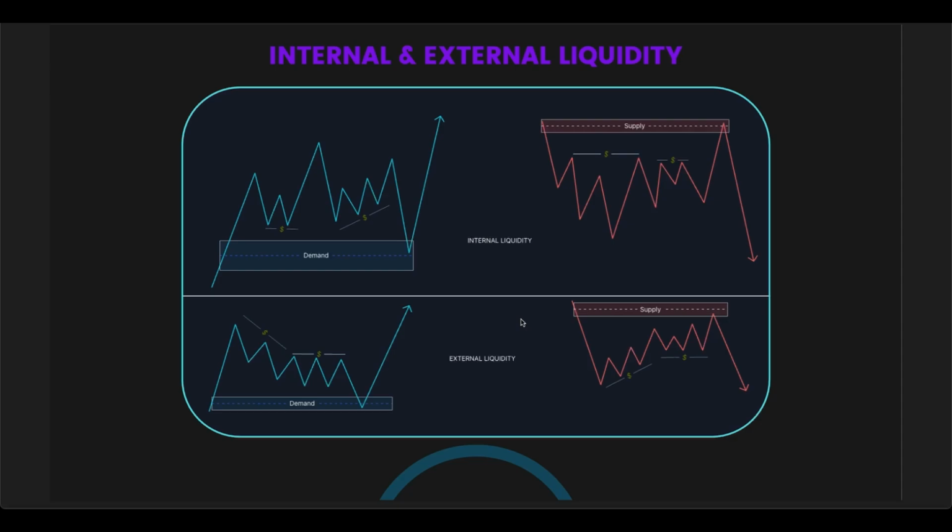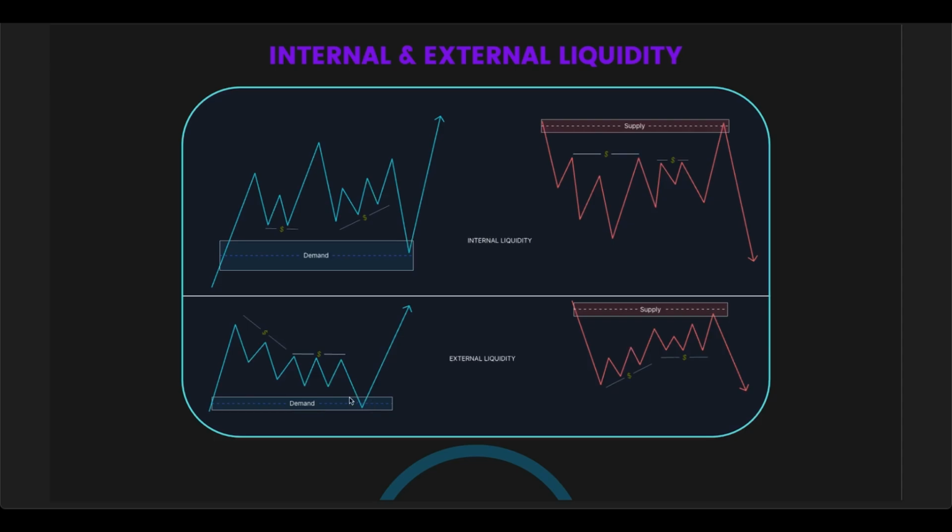So for internal liquidity, it's essentially price being created inside a range or a trend range, and then finally gets taken out once price touches our demand or supply zone. And then for external liquidity, it's essentially price that is being created but without being taken out on the outside of our trend range.